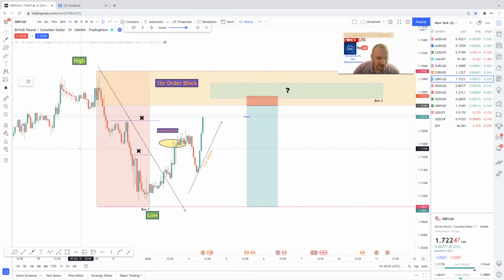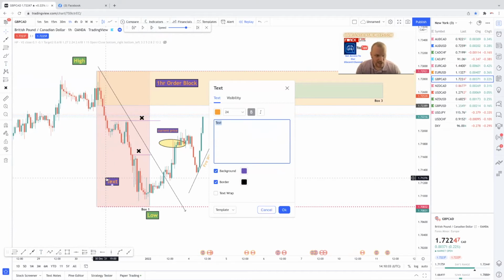This here is the 1 hour time frame swing. It's not a 1 hour swing as such, it's made up of 1 hour candles.